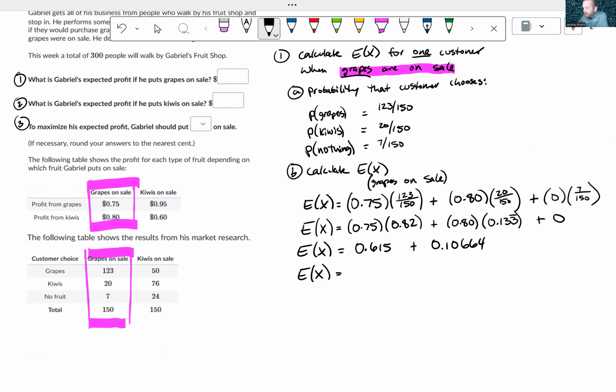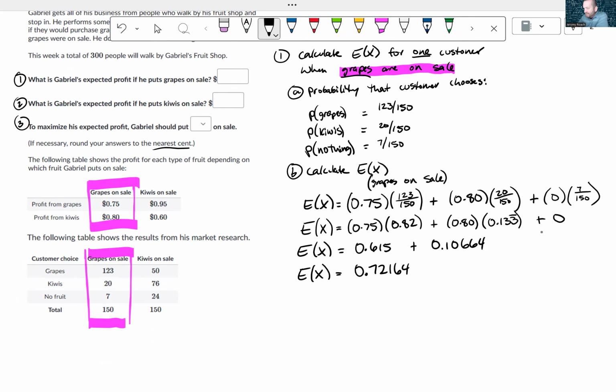We're going to add these together, and I'm going out a few extra decimal places. It looks like they want us to round to the nearest cent, is what it says in our instructions here. So in order to do that, I'm going to go out a little bit further than would be necessary for the nearest cent, just in case. So when we add these together, we get 0.72164.